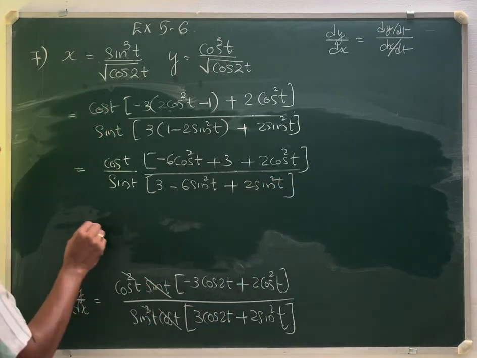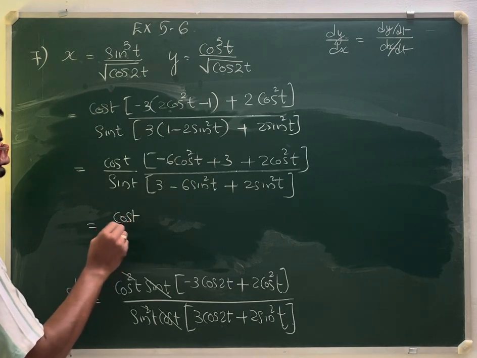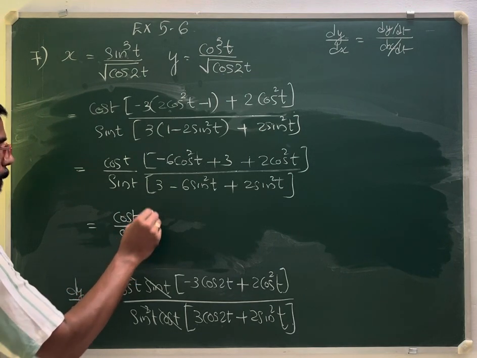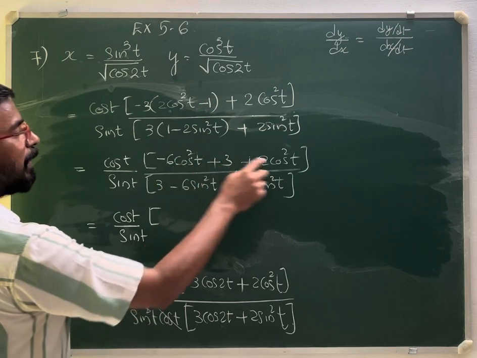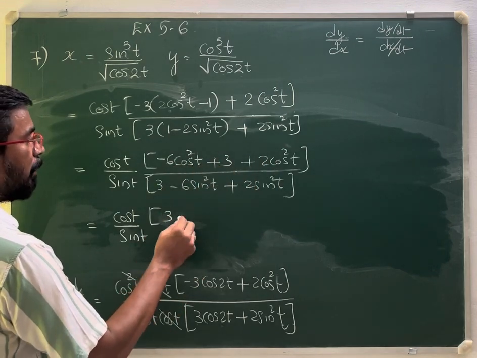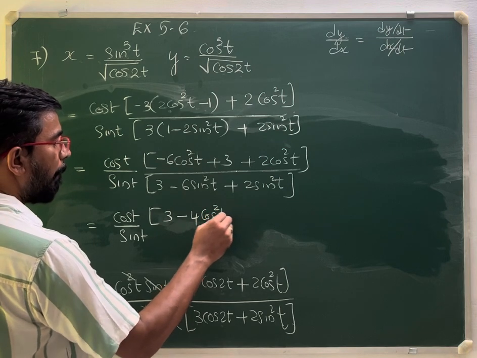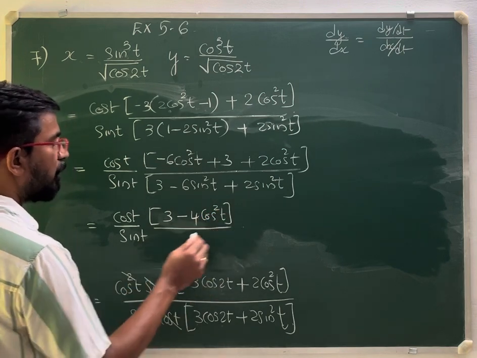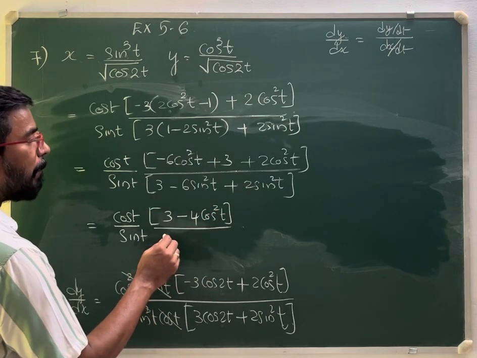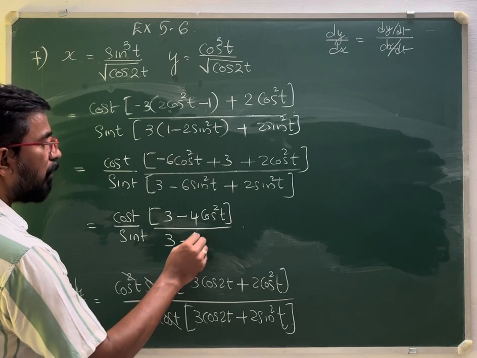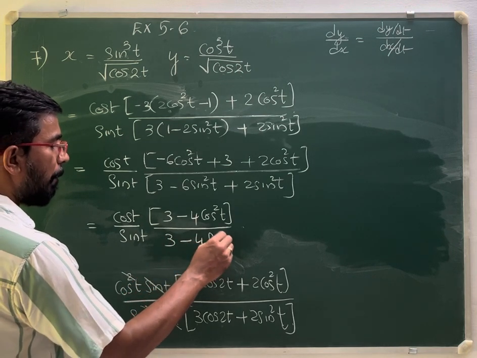So this will become cos t by sin t into, I can combine, 3 minus 4 cos square t divided by 3 minus 4 sin square t.